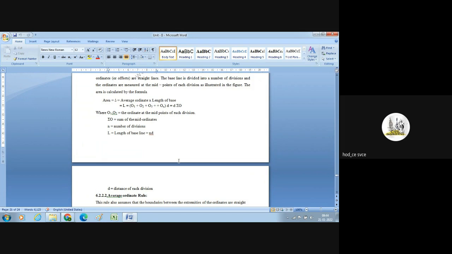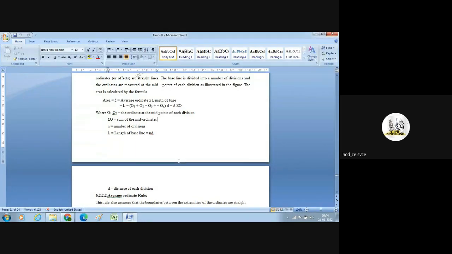Okay, so that is what we have indicated by O1, O2, O3, like that. That is the baseline, and we have split it into equal divisions, and found the ordinates at the midpoint of each and every division. And the area formula, right? The area, indicated with delta, equals the average ordinate multiplied by the length of the base.